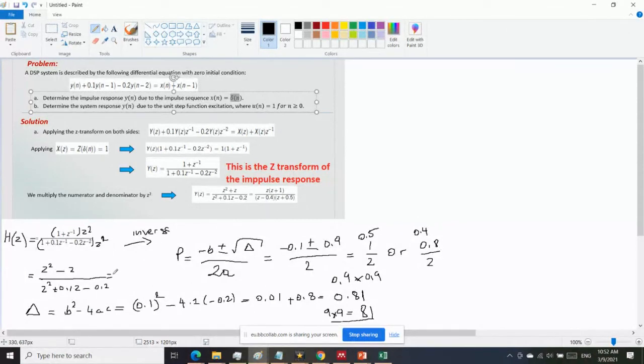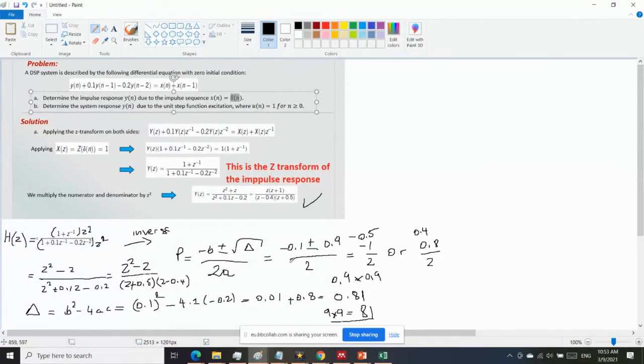So therefore this is basically (z squared minus z) over (z plus a half) multiplied by (z minus 0.4). Yes, it is minus a half, sorry, so this becomes plus a half.